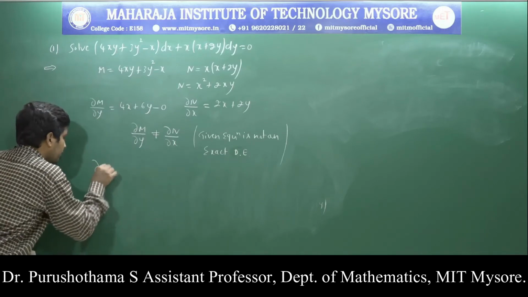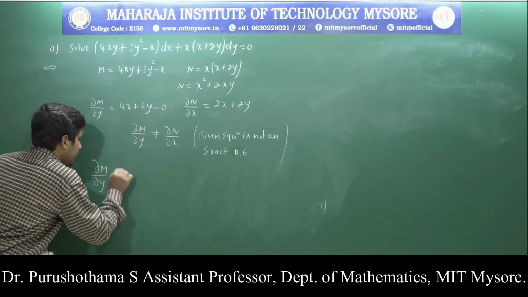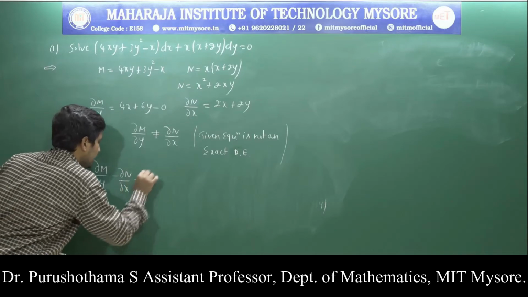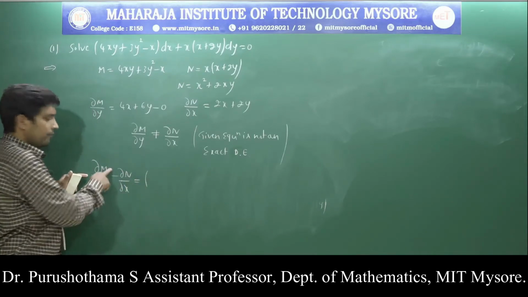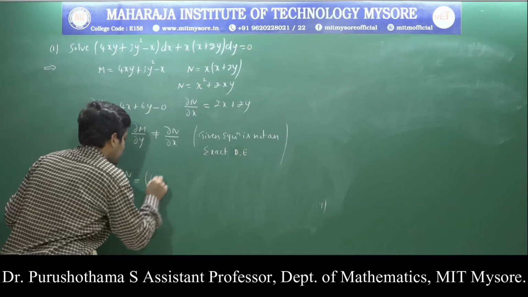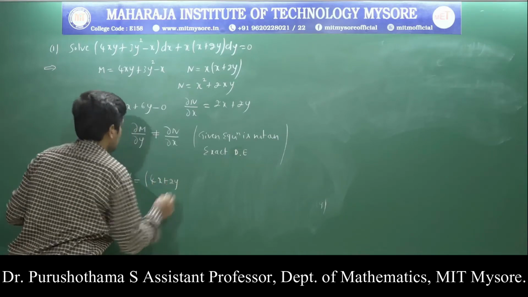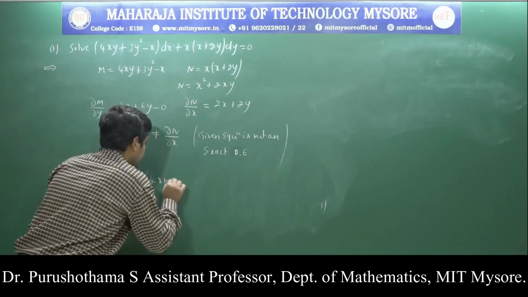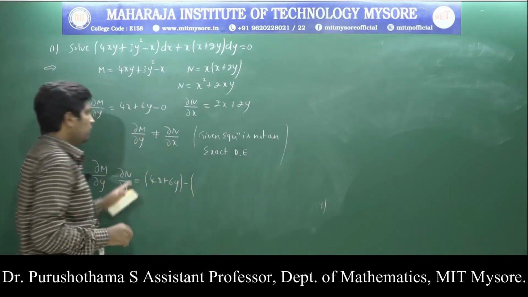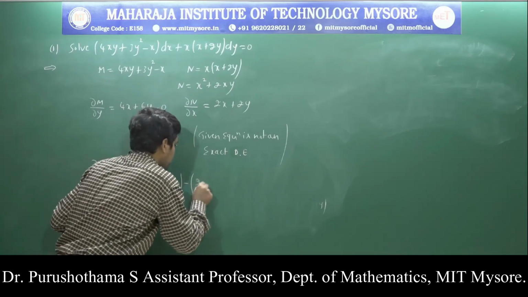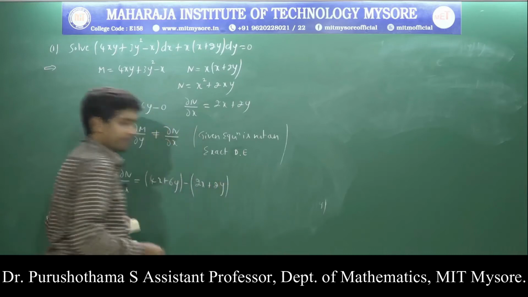Therefore, the difference of M with respect to y minus N with respect to x is equal to, first write the term M with respect to y, which is 4x plus 6y, minus N with respect to x, which is 2x plus 2y.